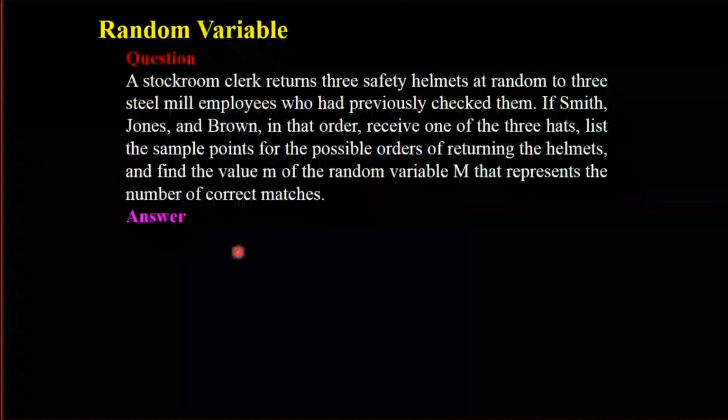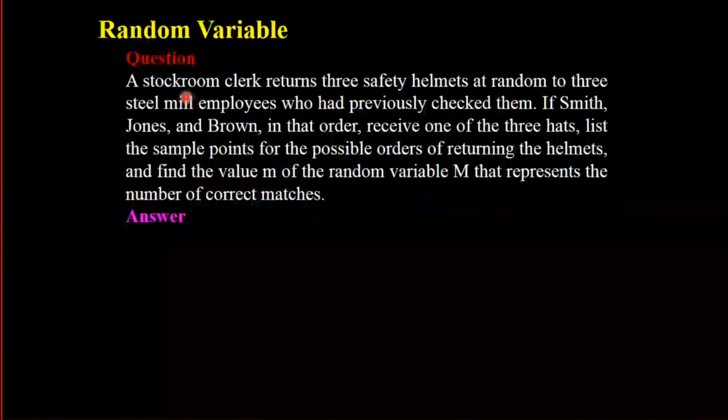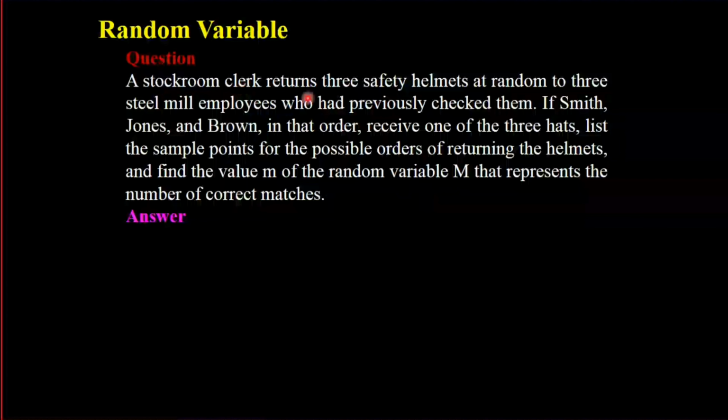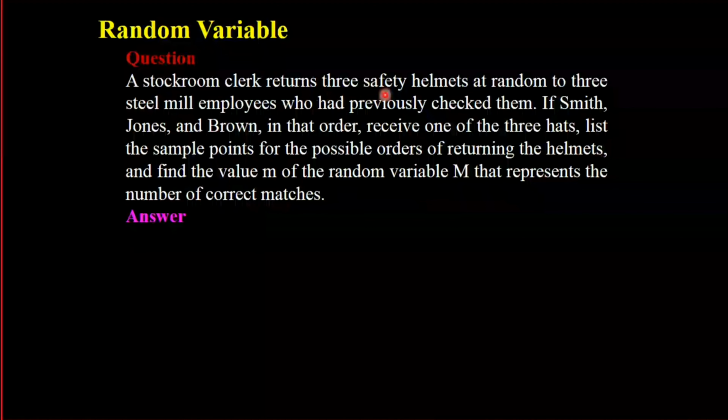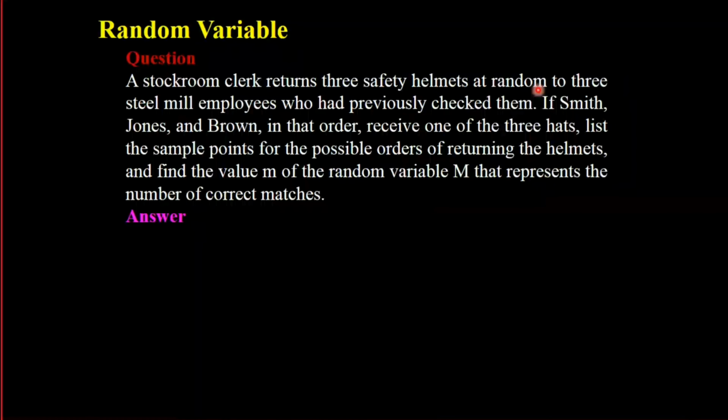Okay, so then you can try to understand and try to tell the answer. So a stockroom clerk returns 3 safety helmets at random to 3 steel mill employees who had previously checked them. Okay, so who are they?